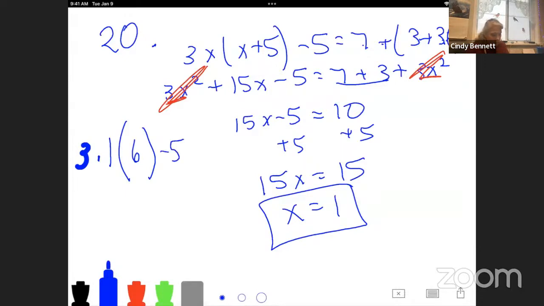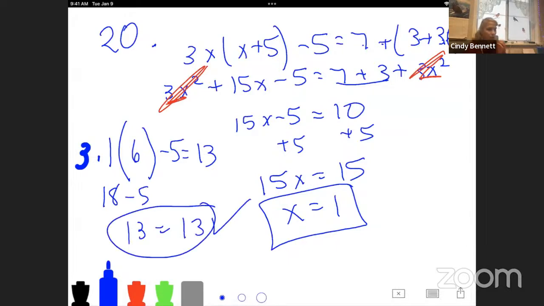I think I keep forgetting that 5. And then 3 times 1 is 3 plus 6. So on this side, it looks like 13. So on this side, I have 18 minus 5, which is 13. So 13 equals 13, and you are done. All right, that is the end.